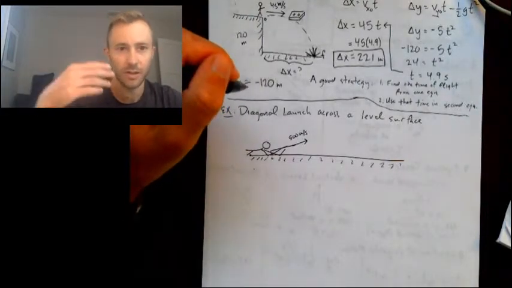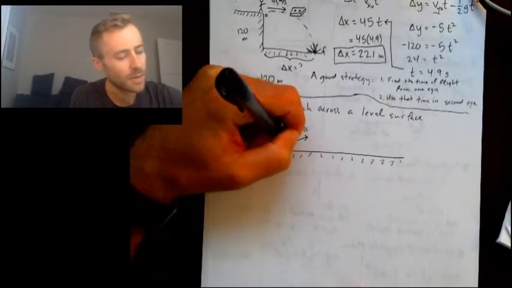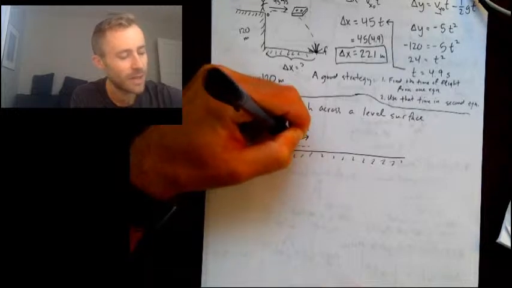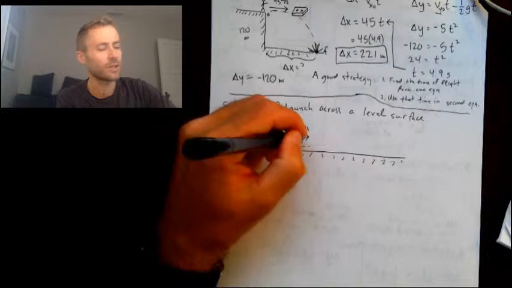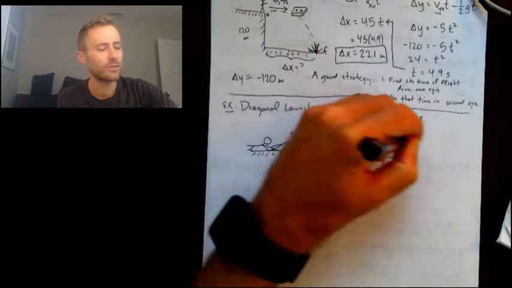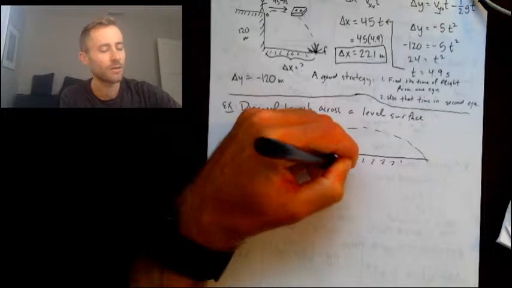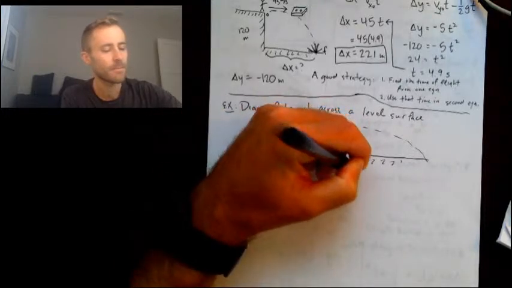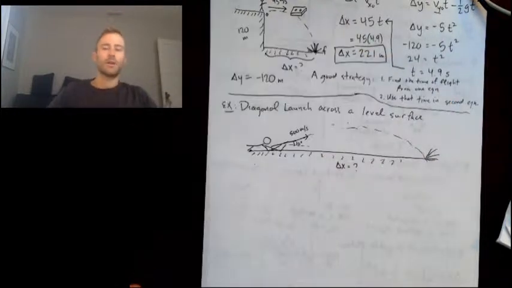So the direction and size of the velocity will be changing. And it's launched at an angle of 10 degrees. Okay? So the projectile goes in this arc like this. It lands over here. We want to know how far the bullet goes.